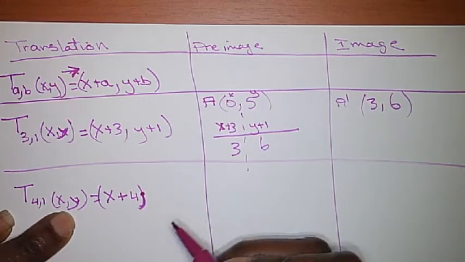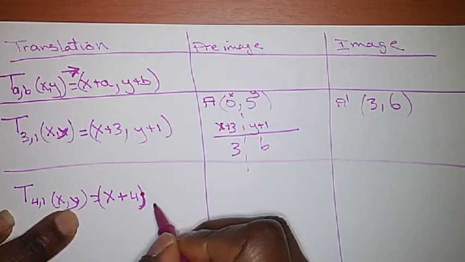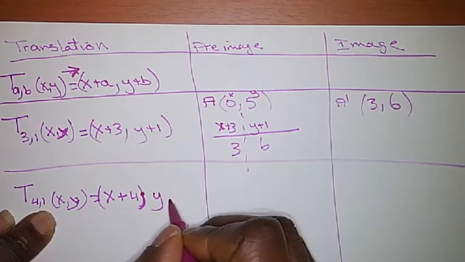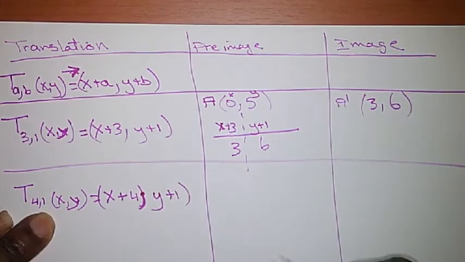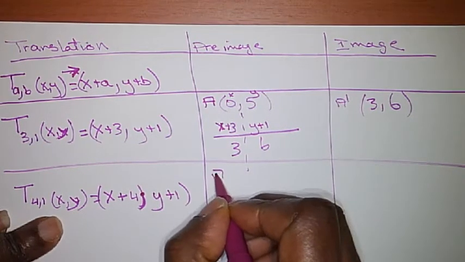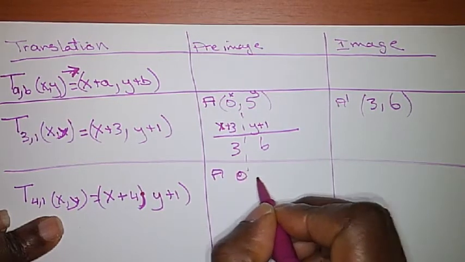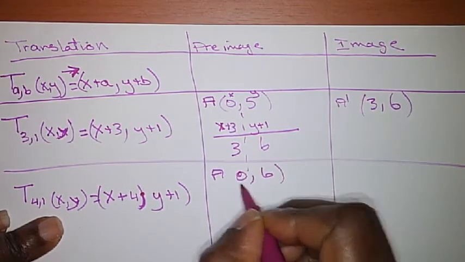And according to here, my Y, I'm going to also shift it 1. Okay, so my pre-image, 0, let's use 6 this time.